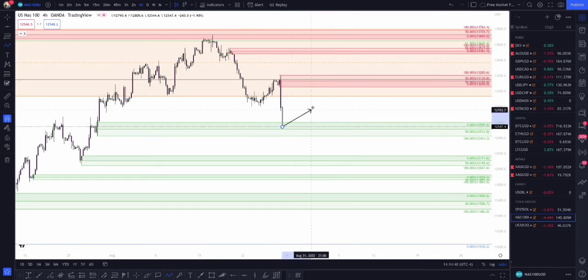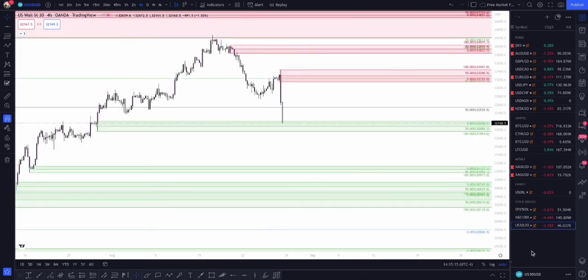So it could trickle up. It could take all week and be in alignment with the data that we have before it continues to the downside as well. But again, on the onset, looking for these 4-hour demands to be respected, looking for trade entry confirmation to take this to the upside.